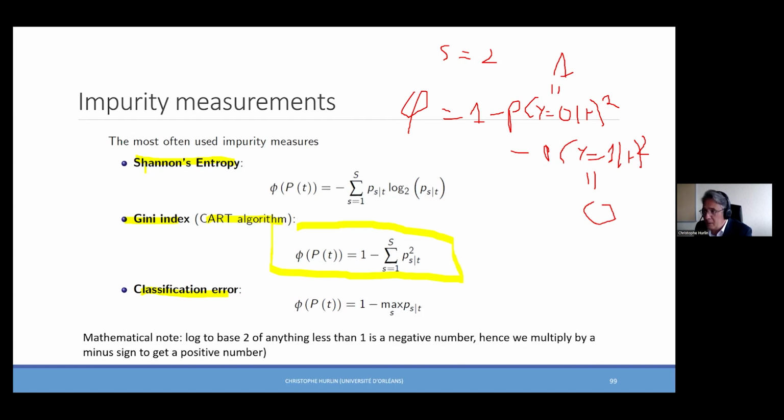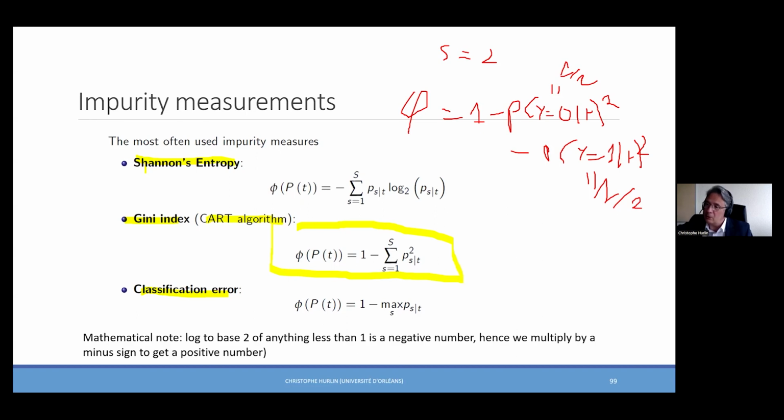On the contrary, if I have the same probability to observe 0 and 1, each is equal to 1 over 2, and the Gini index is equal to 1 minus 0.25 minus 0.25, which is 0.5.